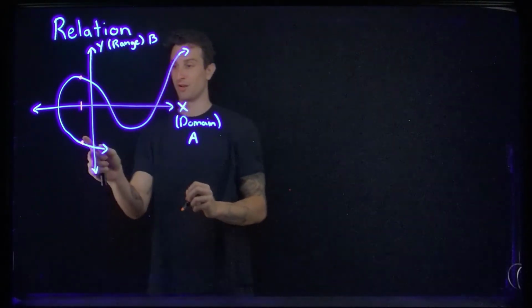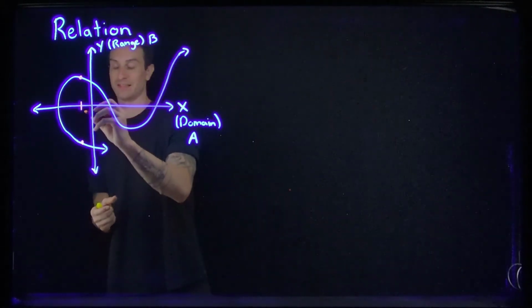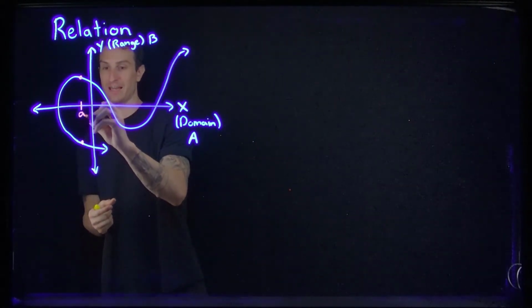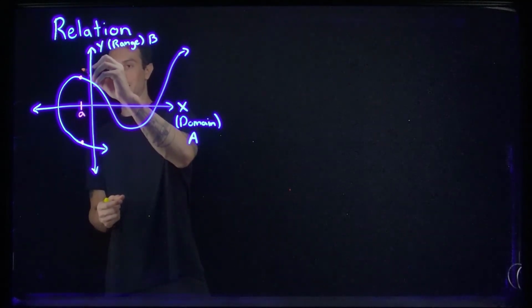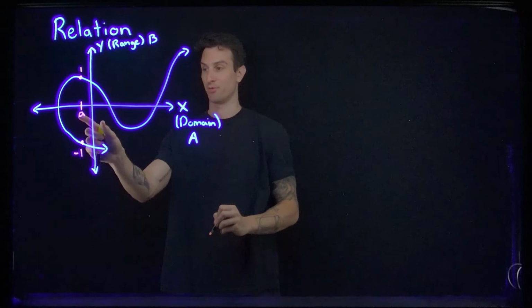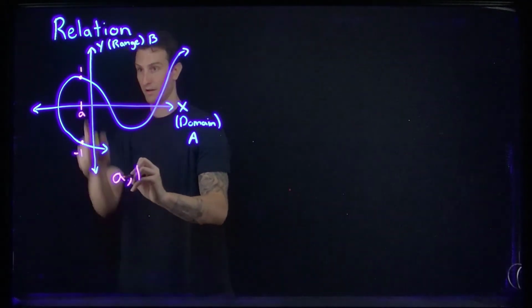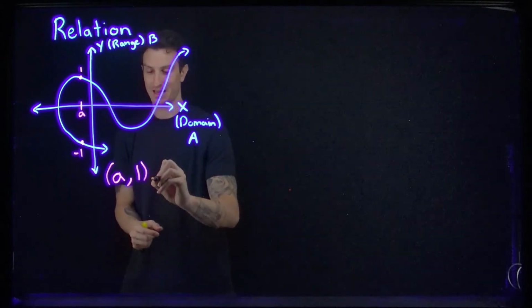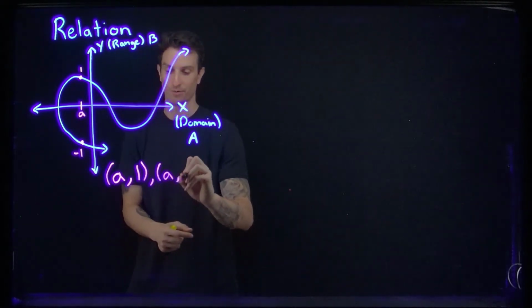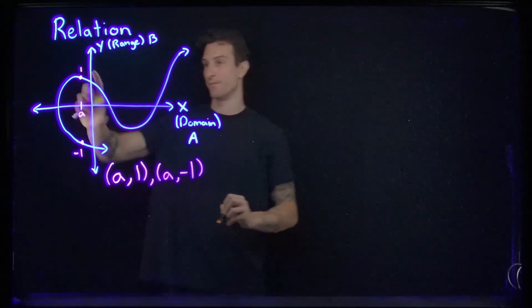So when I plug in this x value, I get two different values. Let's just call this a, and let's say this is 1 and this is -1. So I plugged in a, and a goes with 1, and a also goes with -1. So a is related to two different values here.